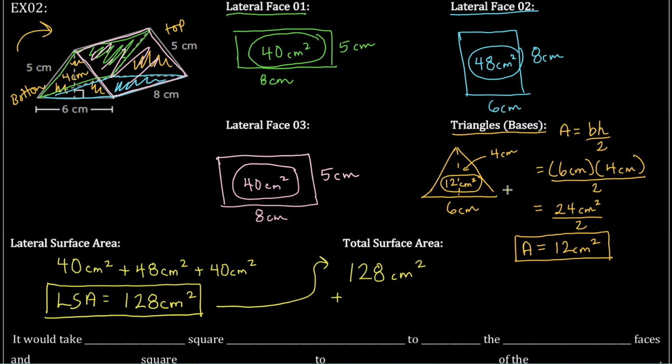So that's plus 12 centimeters squared, and then I'll put one over here, plus 12 centimeters squared. So we get 140, and so 152 square centimeters. And this is our total surface area.